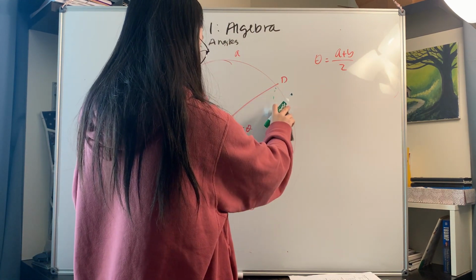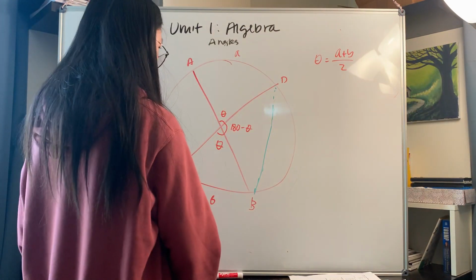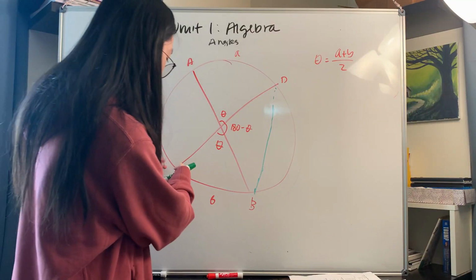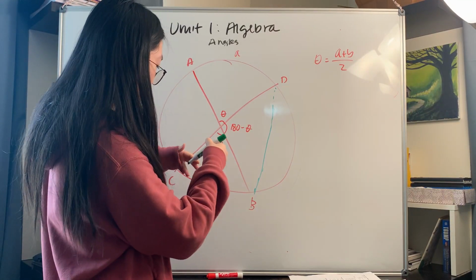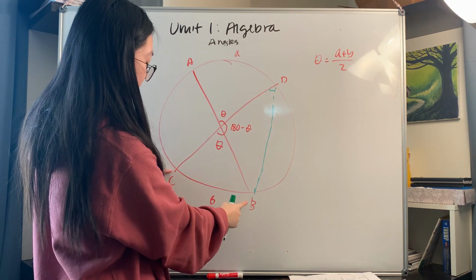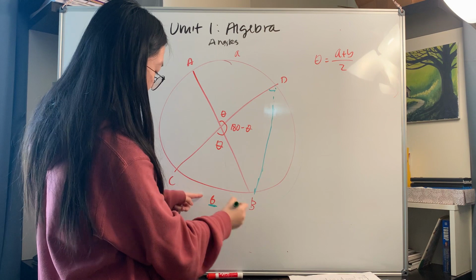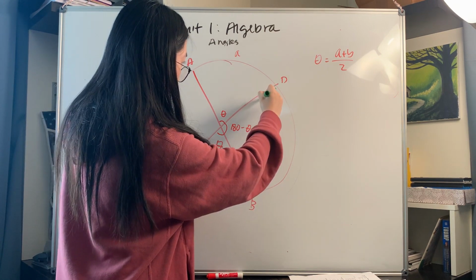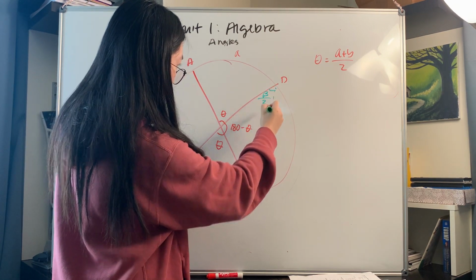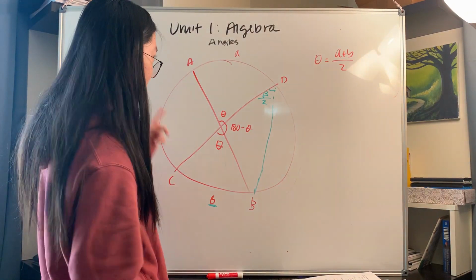And what we can do with this line, we can name some angles. Right, so let's look at this angle first, angle CDB. Well, angle CDB intercepts arc B, which means that it's equal to arc B divided by 2. That's from our inscribed angle theorem.